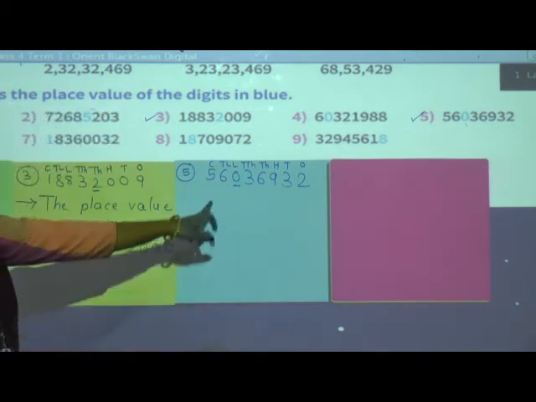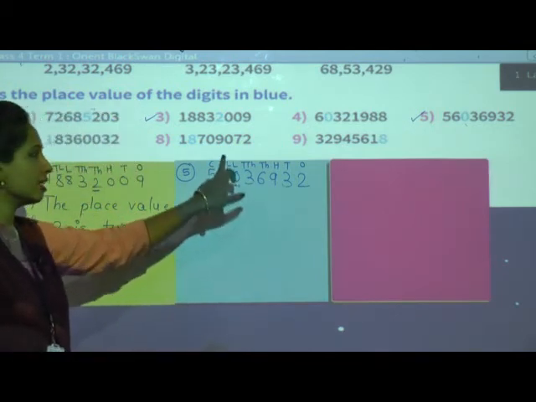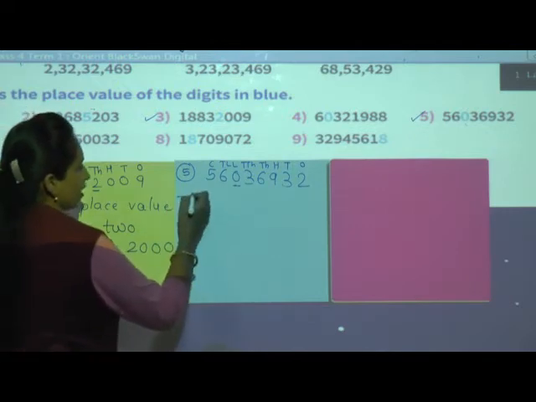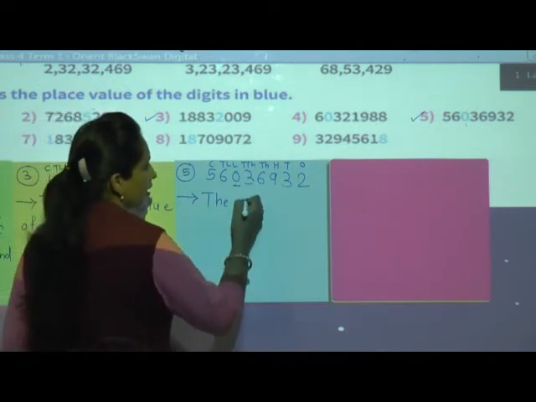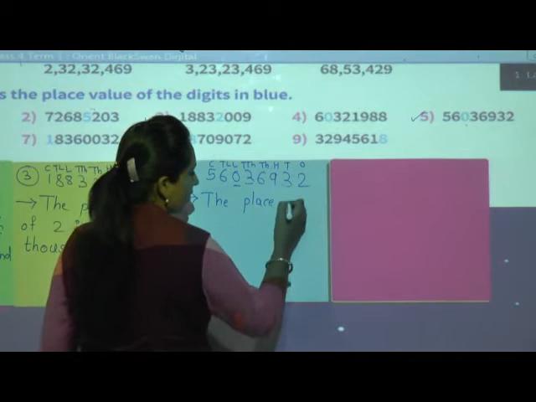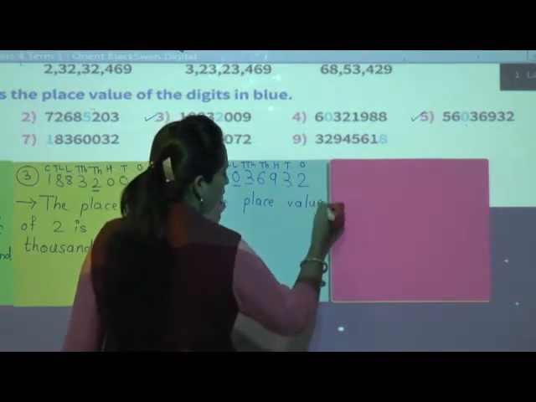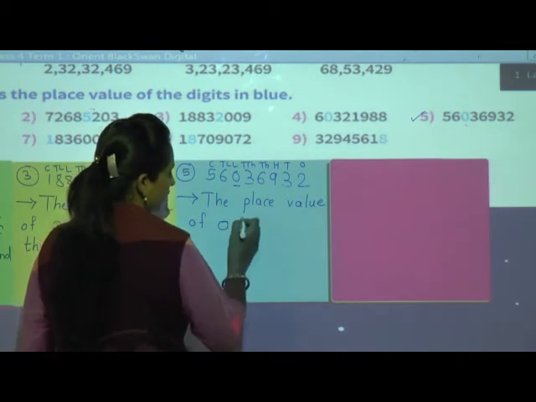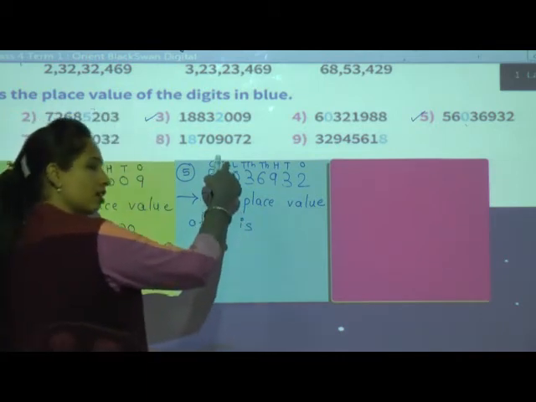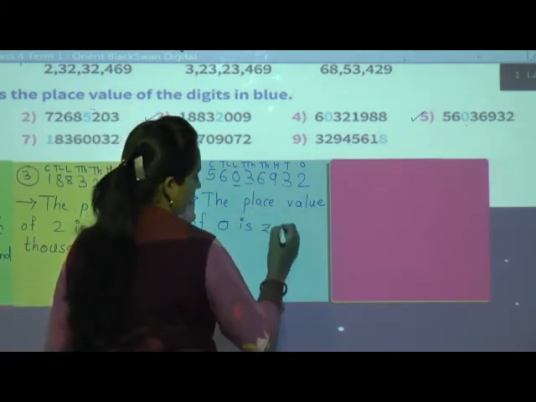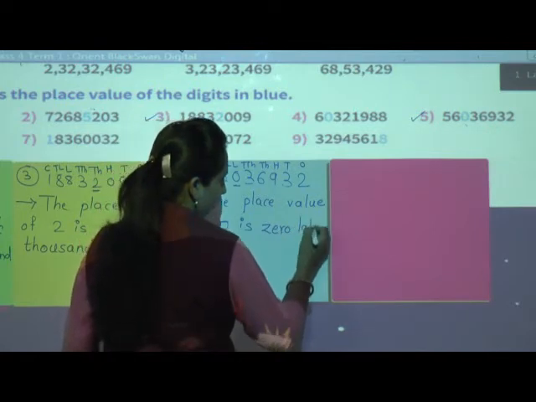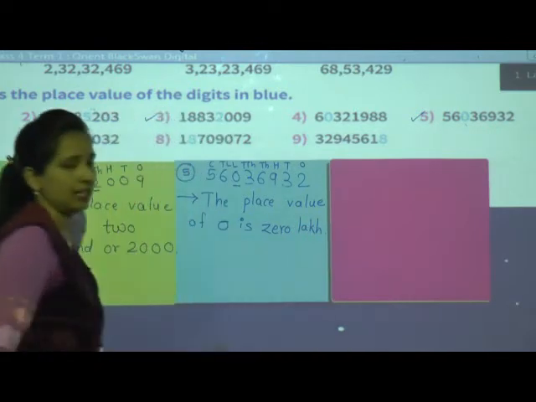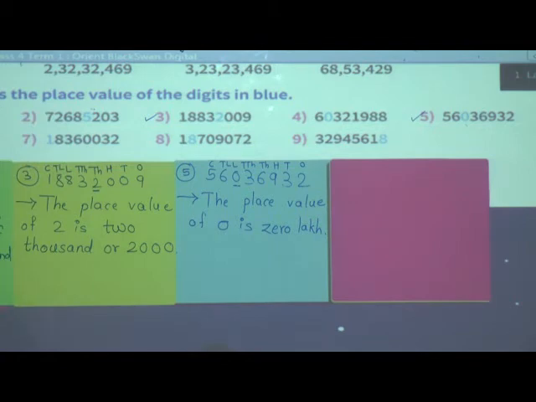Now see, where is 0? 0 is in lakhs place. So what I will do here, the place value of 0 is 0 lakh. So write here 0 lakh. Understood? Clear? Yes.